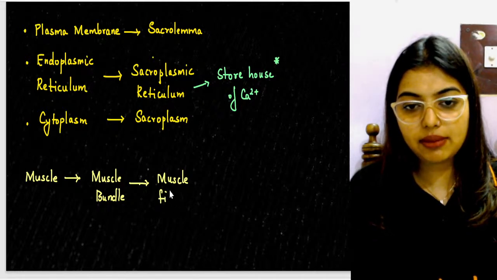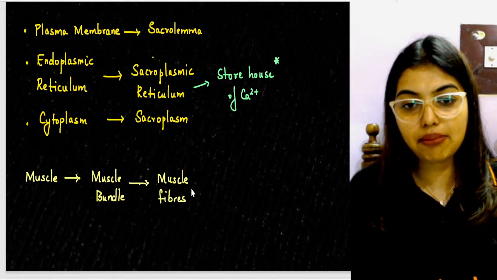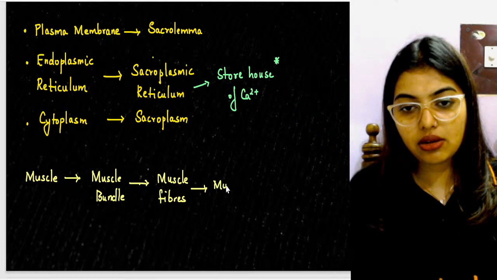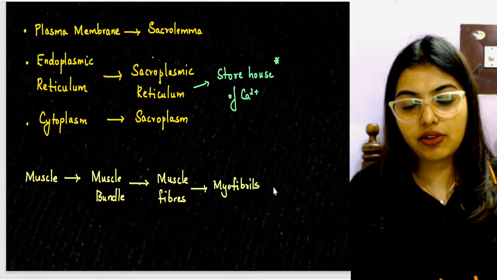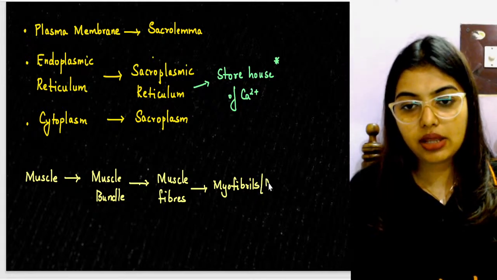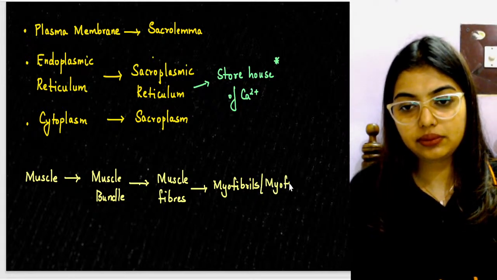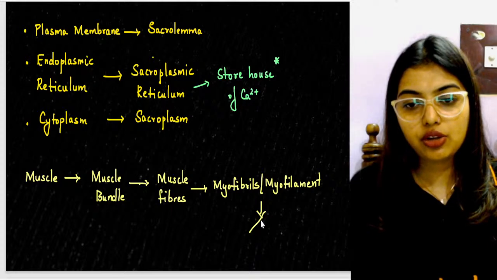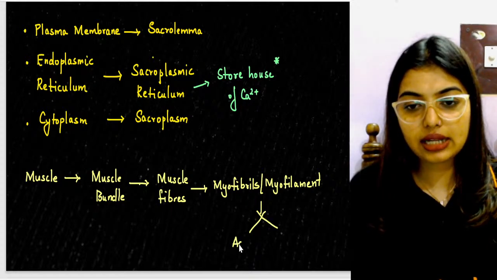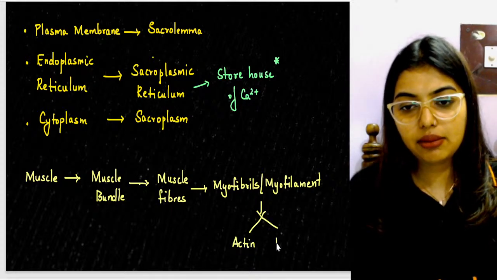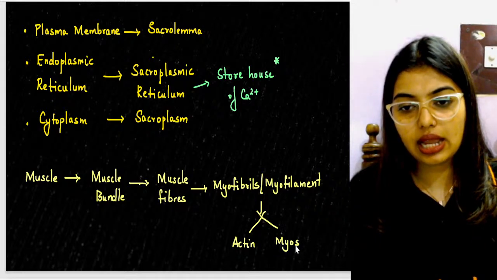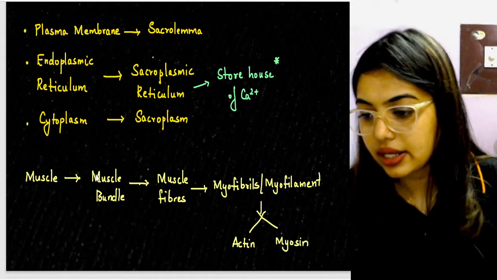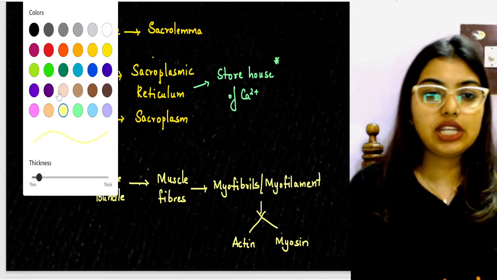These muscle fibers are made up of many myofibrils or myofilaments, and these myofilaments are made up of two things called actin and myosin. Clear? Now we will write each name.